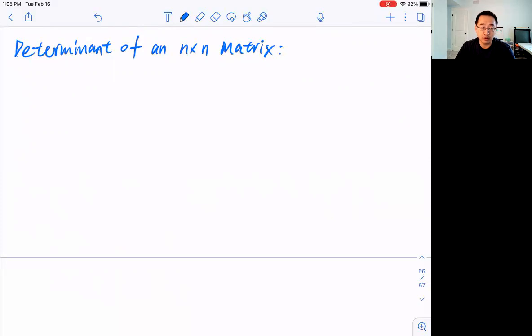You're trying to solve them all at the same time. And I have mentioned that to solve a system of equations using linear algebra or matrices, you need to find the determinant of such a matrix. So you will mostly be dealing with matrices bigger than 2 by 2.